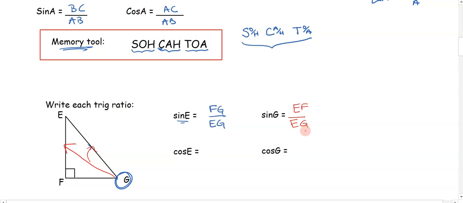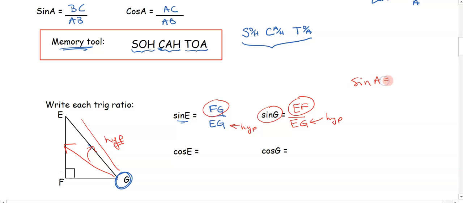Okay, a little note with the sine ratio. EG is the hypotenuse. The hypotenuse of a triangle is always the longest side of a triangle. So the two sides, EF and FG, are never going to be greater than the hypotenuse. If the hypotenuse is in the denominator, and the denominator is always bigger than the numerator, we know that the sine of an angle is always a ratio less than 1.